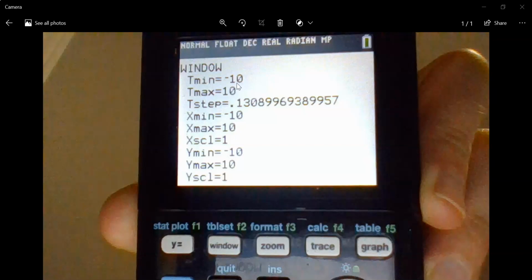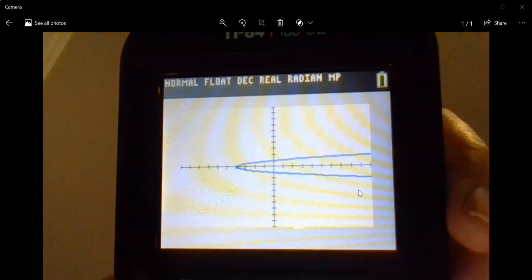And then I adjusted my t minimum to negative 10 and my t maximum to positive 10. It started out as 0 to 2 pi. So when I did that, I got the whole parabola that I wanted right there. Okay, so there you are on parametric graphing.